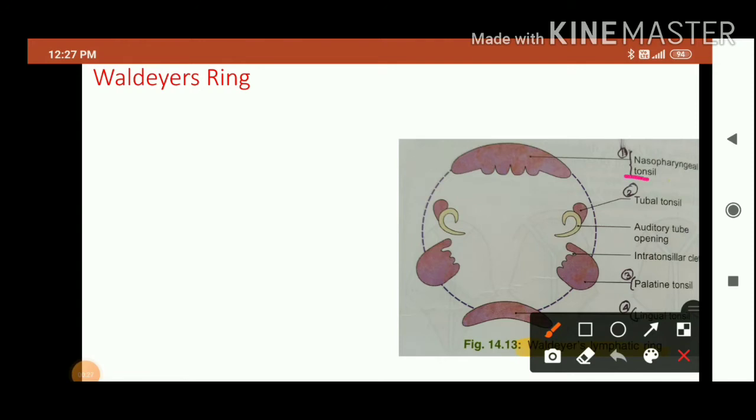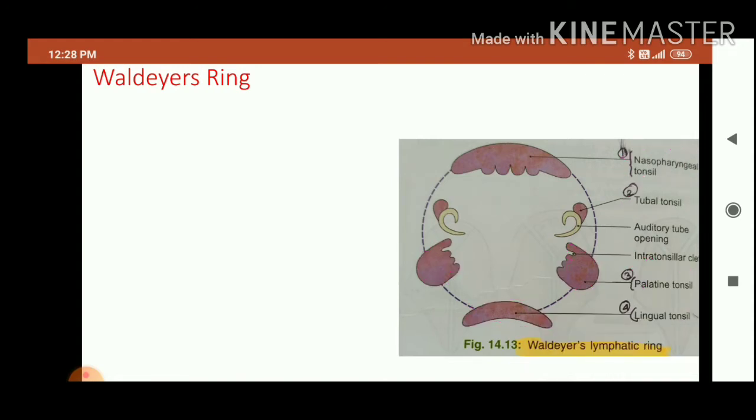What are they? Nasopharyngeal tonsil, tubal tonsil, palatine tonsil, and this is the lingual tonsil related to tongue. Yes, now in this session we are talking only about the palatine tonsil, and remember that this is the most important aggregation to be taken into account, and hence when we talk about tonsil we refer to palatine tonsil mainly.